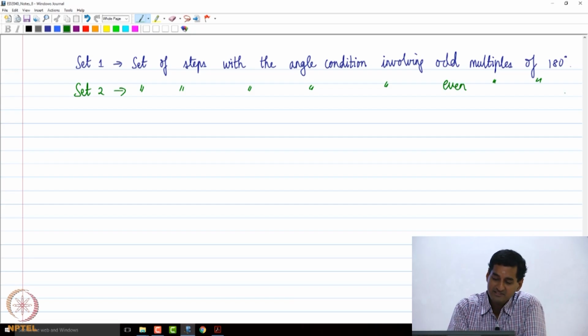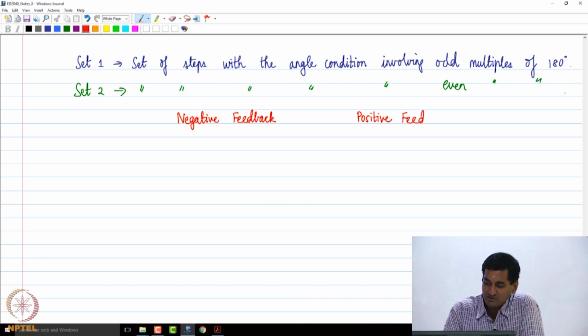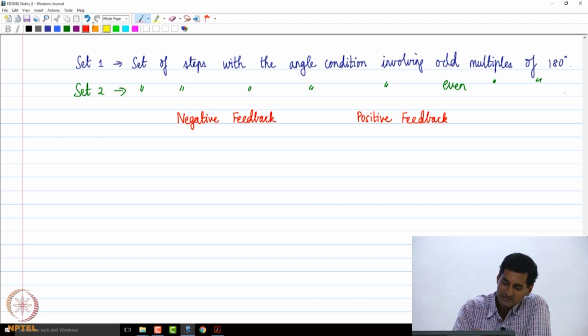We can immediately construct a grid like this, right. Let us say we have negative feedback, positive feedback, just to have a bird's eye view of what steps to follow to construct the root locus, and then k greater than 0 and k less than 0.